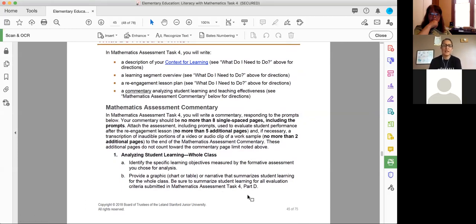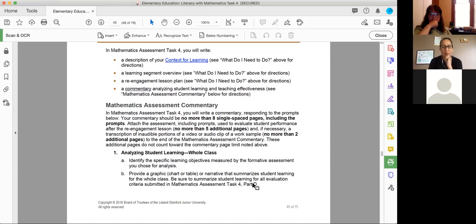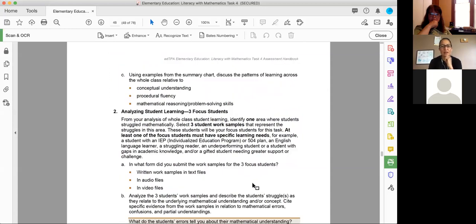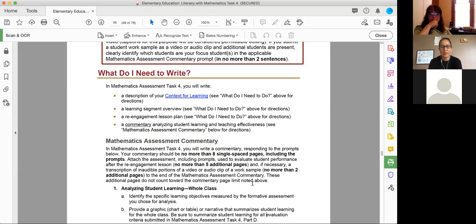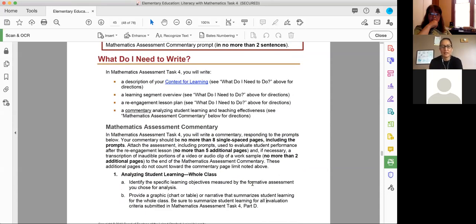And then here in 1B, it says provide a graphic or narrative. And what we have been saying, and what is important, is that you do both, okay? If you were in my class, I had you do a chart or a table that included that quantitative analysis.